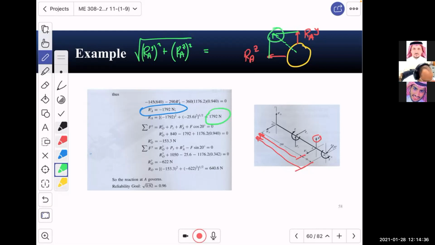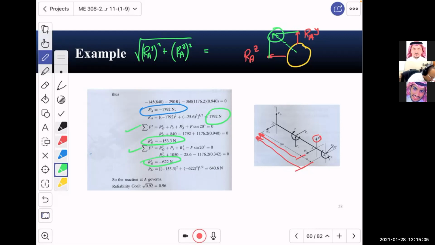Okay? Now, what do we need to do? Interestingly, for bearing O, all you need to do is to sum up the forces along the Y direction and along the Z direction. There you will be able to determine RO along the Z, RO along the Y. By doing so, you will be able to find the resultant just similar to RA.